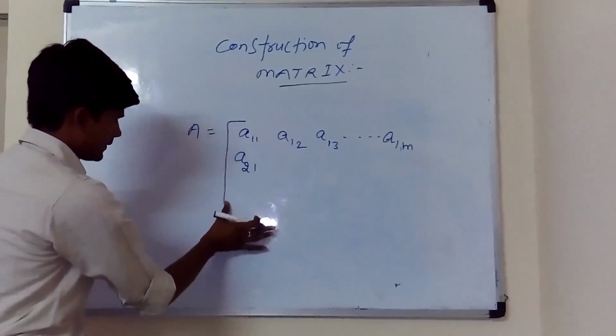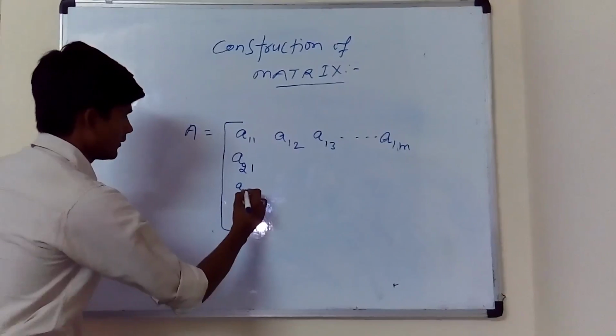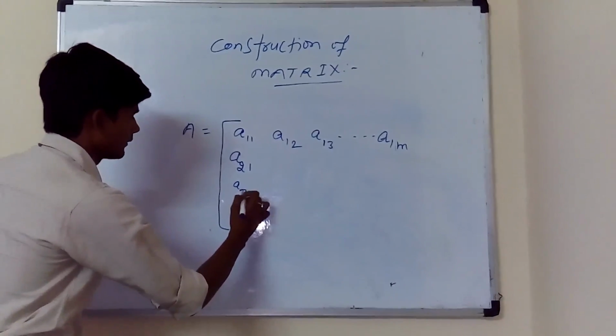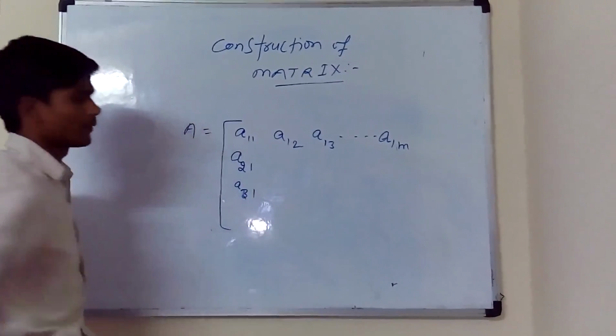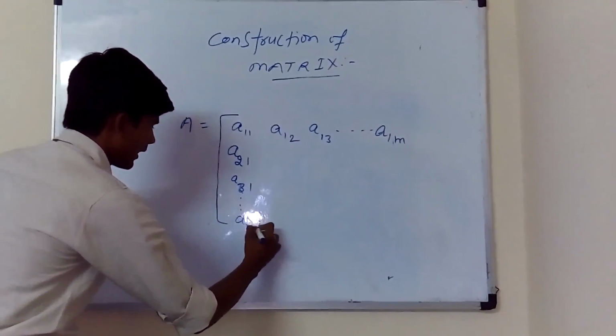So just in general, this is A31 up to An1.